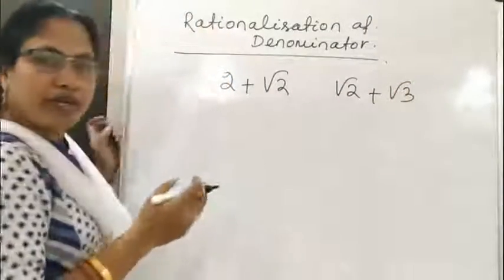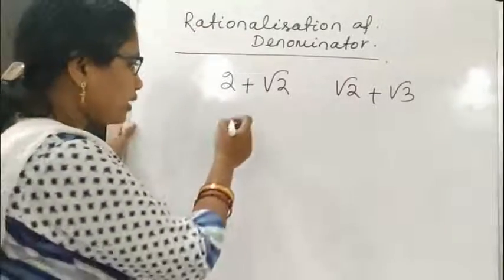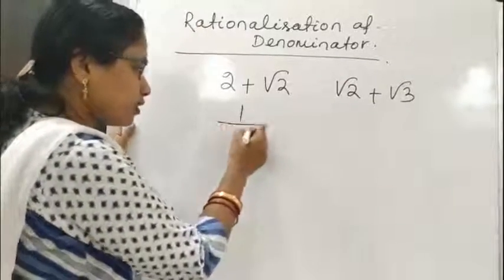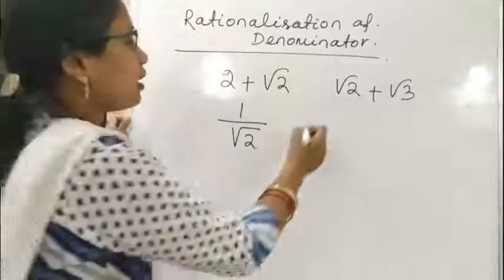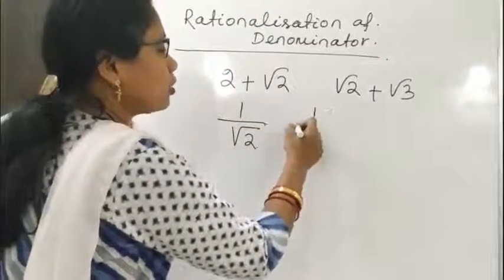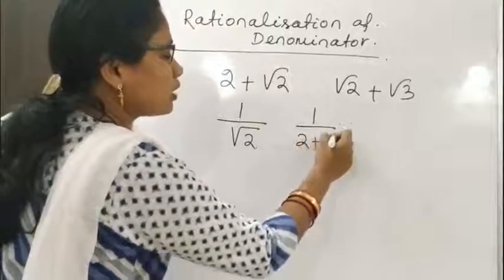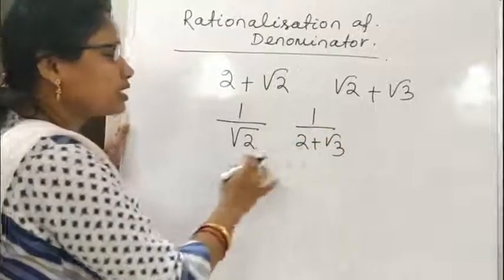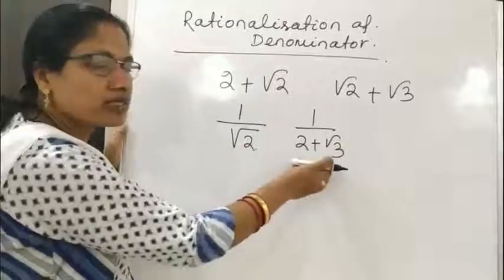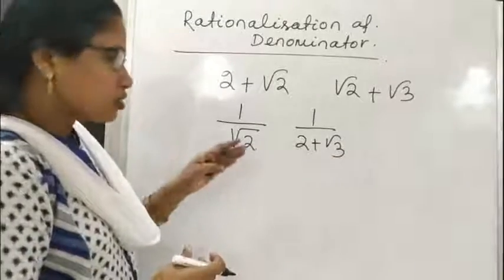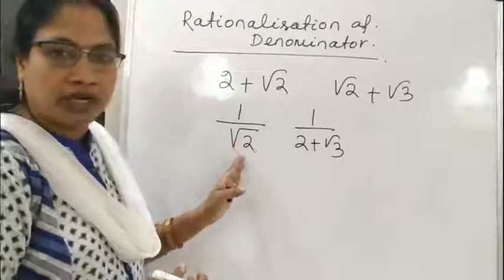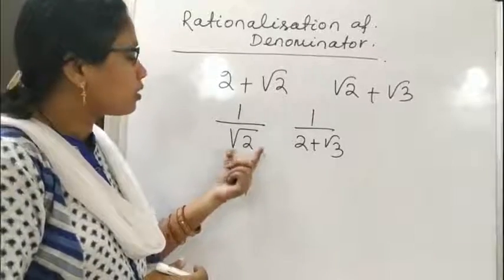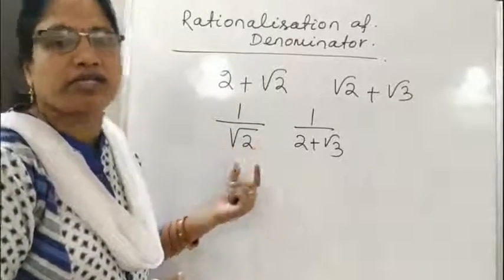But if we get an expression where the denominator is irrational, like 1 by root 2 or 1 by 2 plus root 3, here the denominators are irrational. So here we have to rationalize the denominator. That means we have to convert the denominator into a rational number.